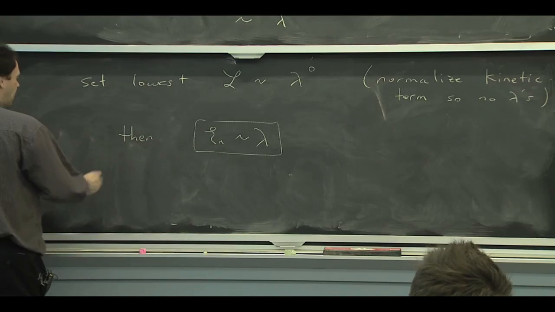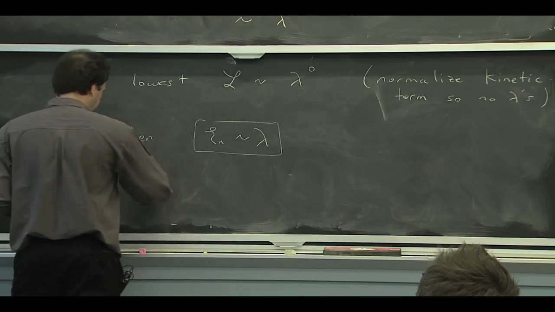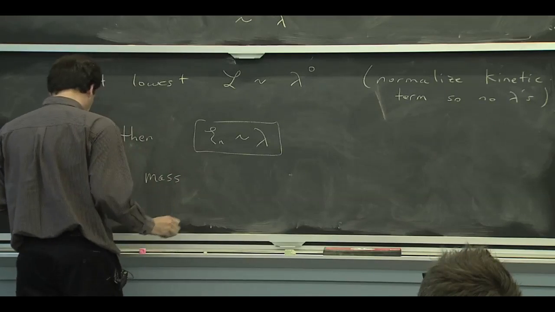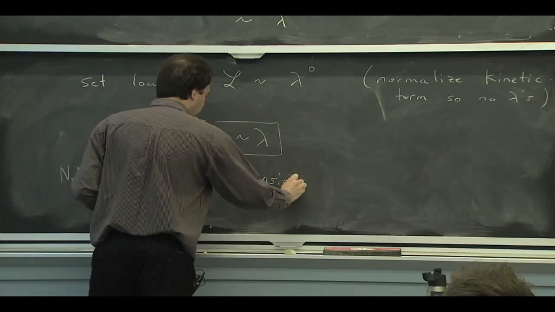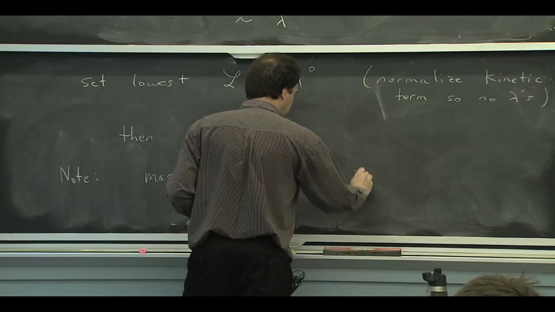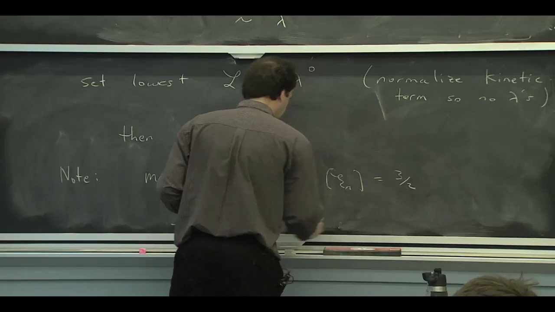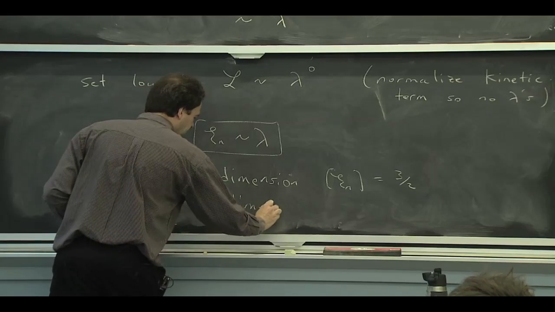And that's different than the mass dimension. So I said that we were going to be doing a power counting that's different than the mass dimension. If we looked at the mass dimension of this field, Cn would have mass dimension that's 3/2, whereas it has, if you like, a lambda power counting dimension, which is 1.